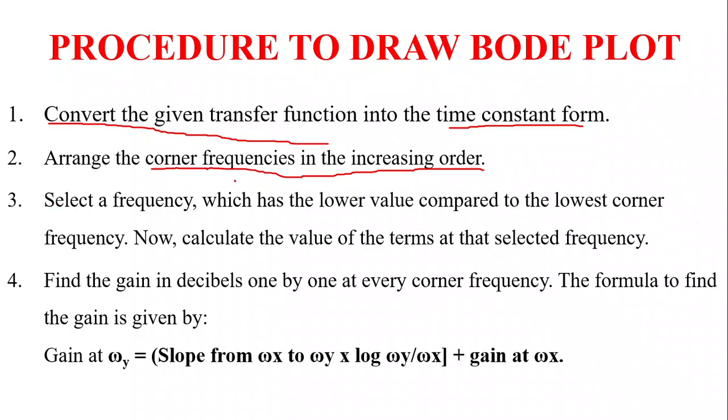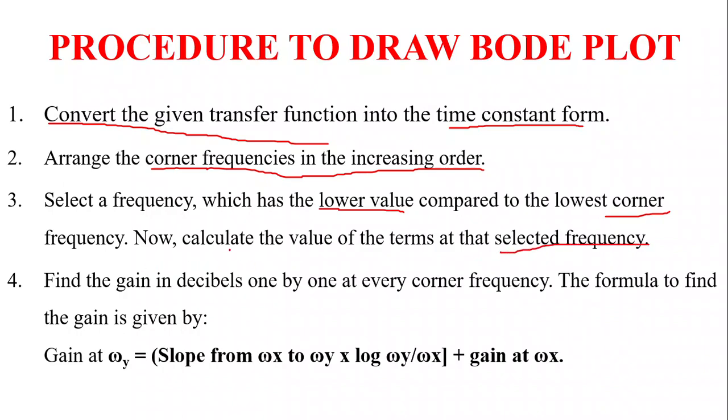After the arrangement of the corner frequencies, we have to select a frequency which has a lower value compared to the corner frequencies. After this comparison, we have to calculate the value of the terms at the selected frequencies.